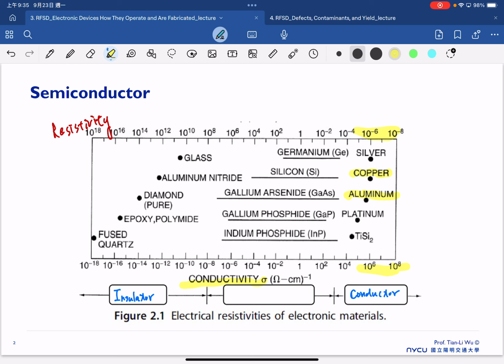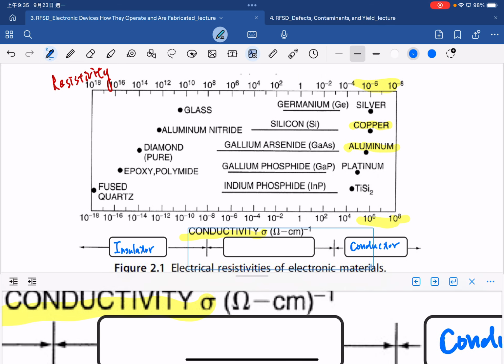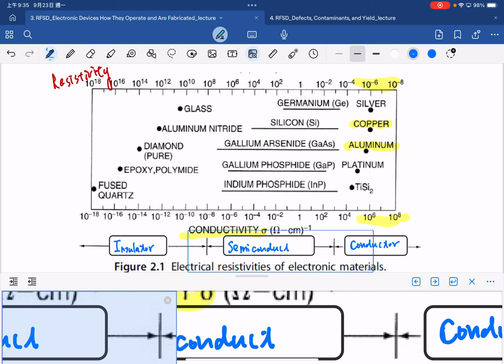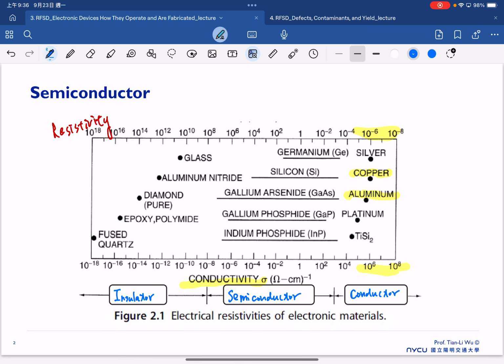And the semiconductor has a material property that's exactly in between the insulator and the conductor. So that's why we call this a semiconductor, because the semiconductor has a characteristic just half like the conductor.